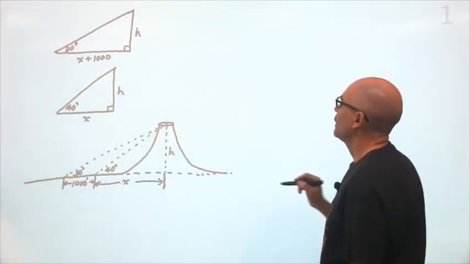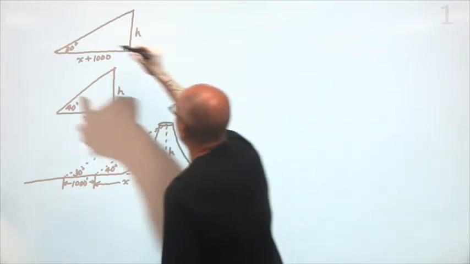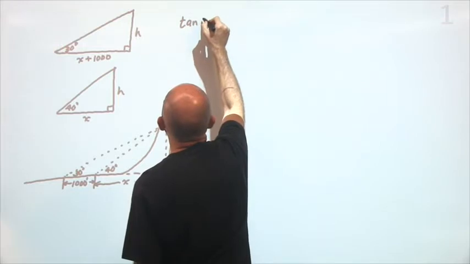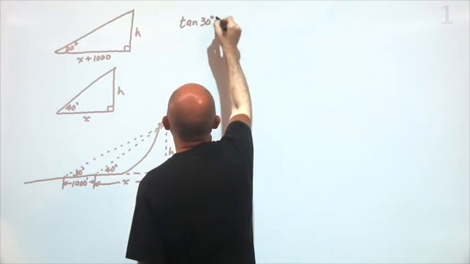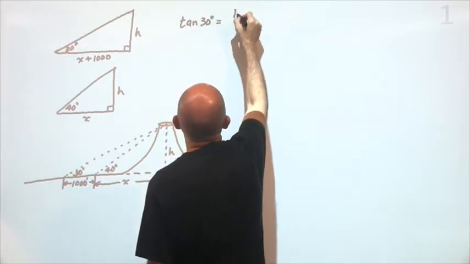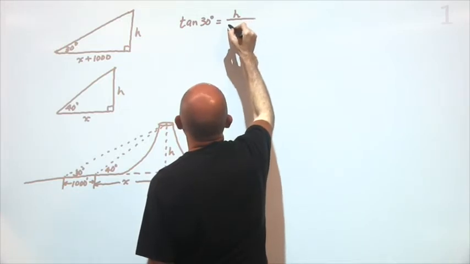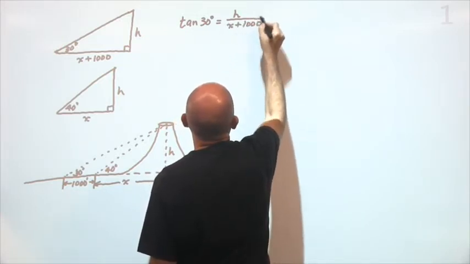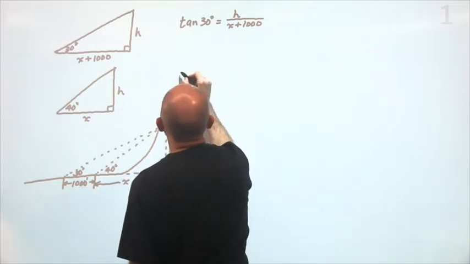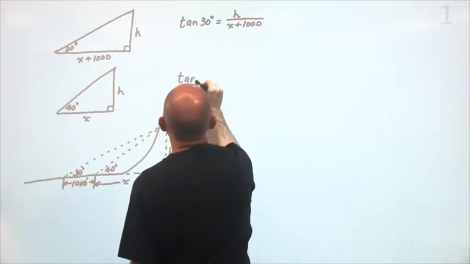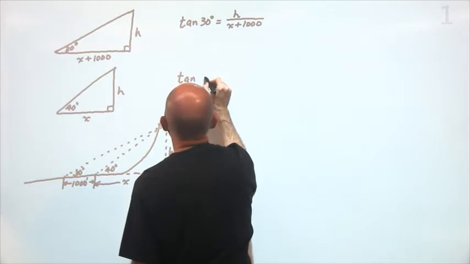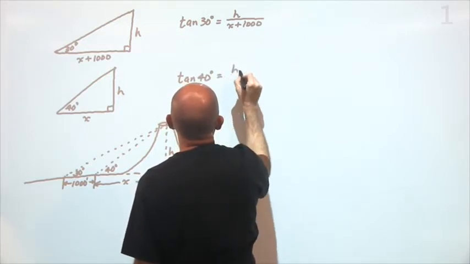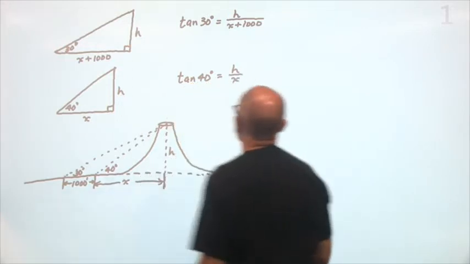So the first triangle, we have the equation tangent 30 equals h over x plus 1,000. And the second triangle, we have tangent of 40 equals h over x.